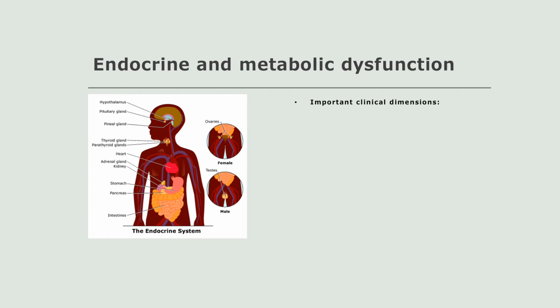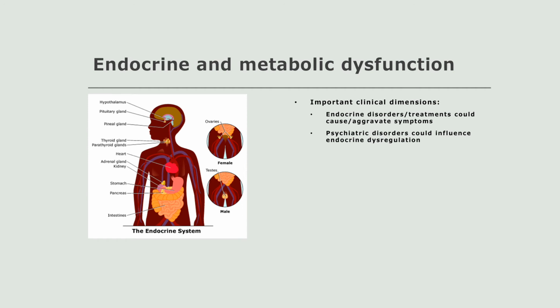With endocrine and metabolic dysfunctions, there are three important clinical dimensions to note. The first one is that primary endocrine disorders, and their treatments, could aggravate or trigger clinical symptoms by altering the serum hormone levels. Two, psychiatric disorders may play a role in endocrine dysregulation.